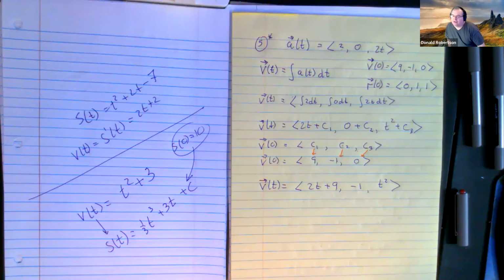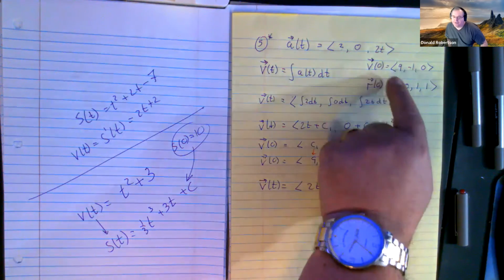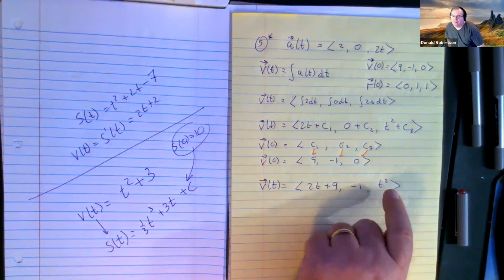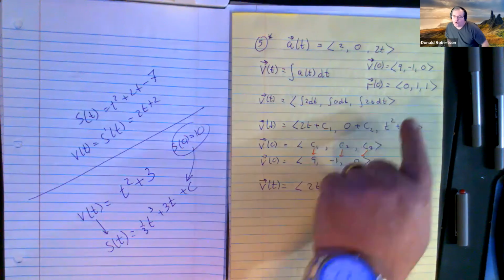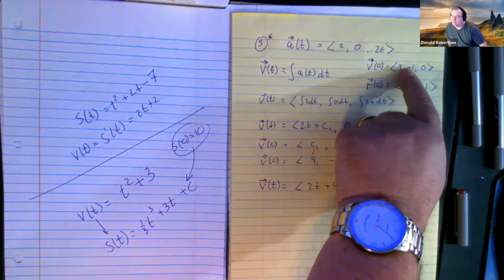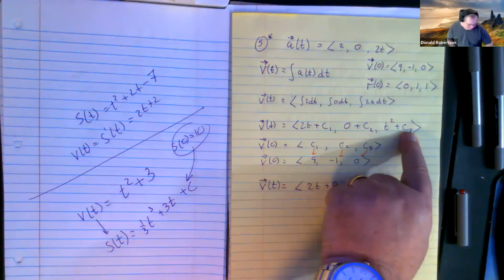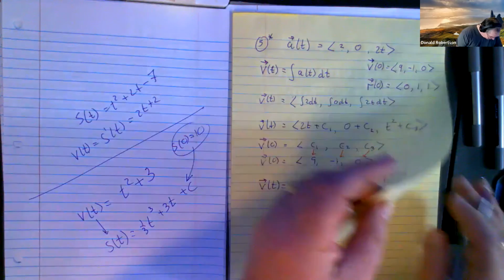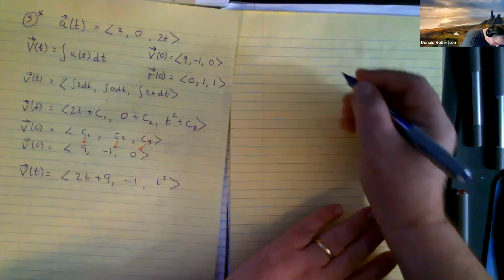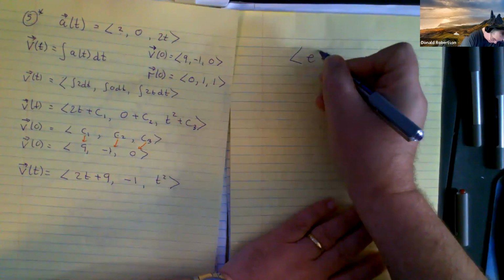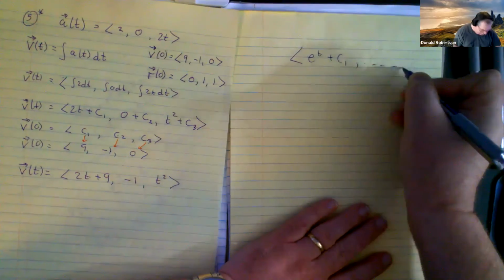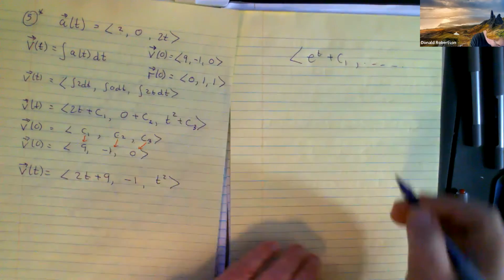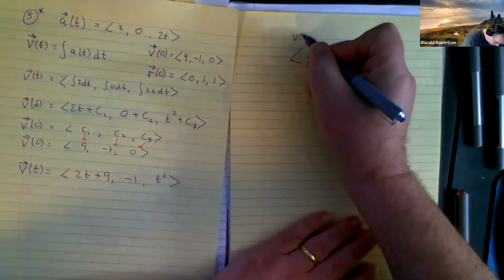I really wish they hadn't picked 0 here, because people are just going to think the numbers there are always going to be here, here, and here. Side issue, just pretend for a minute that one of these things was actually e to the t plus c1, just for argument's sake. And the velocity at 0 was 9, right?